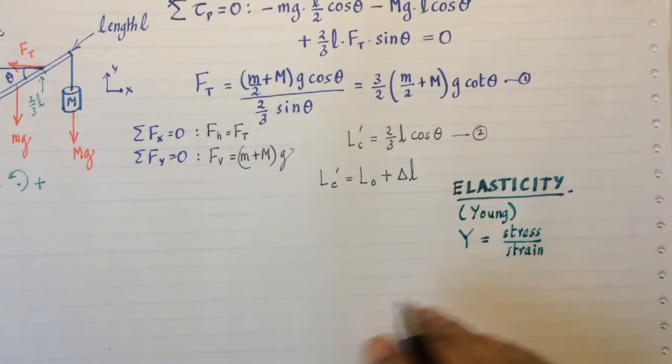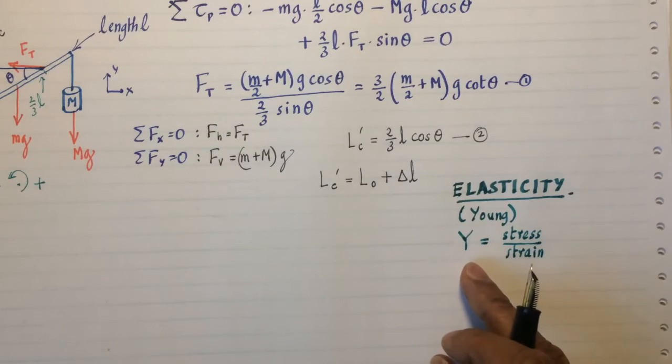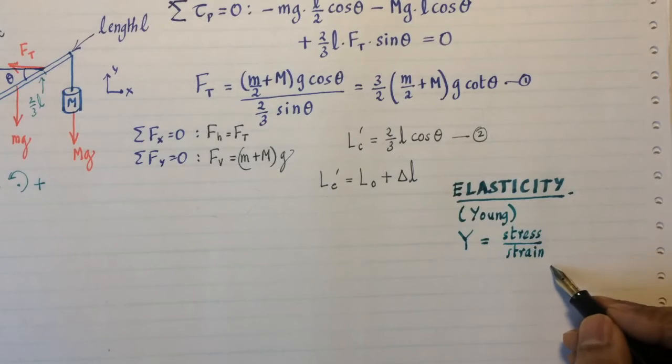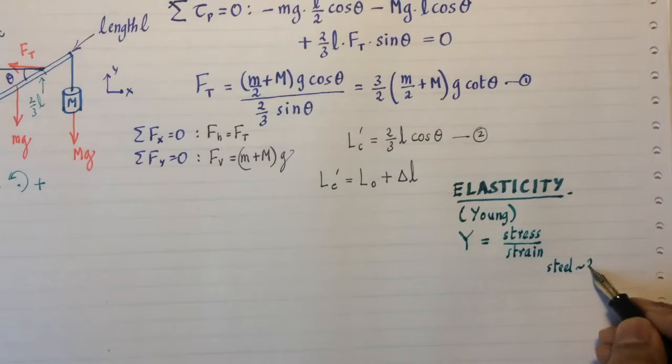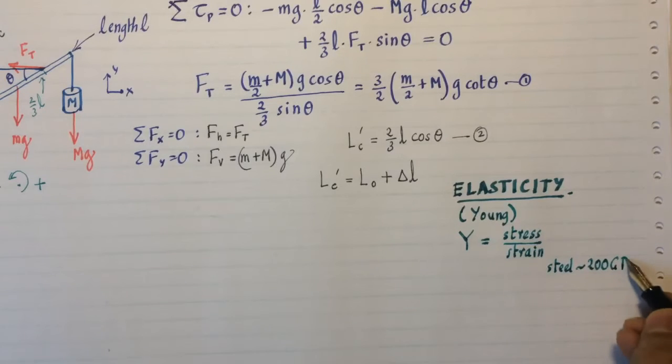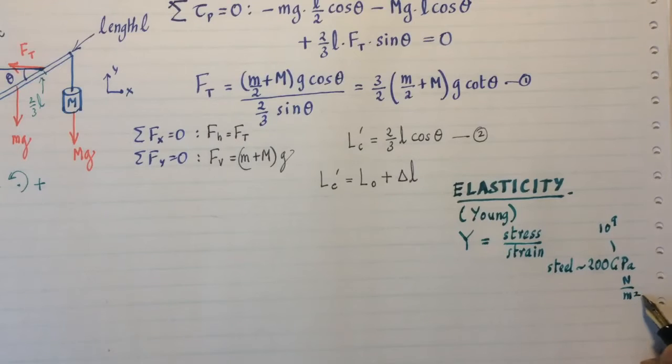So for example, all aluminum wires or all steel wires have the same Young's modulus Y. The Young's modulus for steel, for reference, is around 200 gigapascals. Of course, there are different kinds of steel like carbon steel and tungsten steel. We're not getting down to the fine details, but on average it's about 200 gigapascals, where giga means 10 to the power 9, and pascals is just newtons per square meter. It's a unit of pressure.